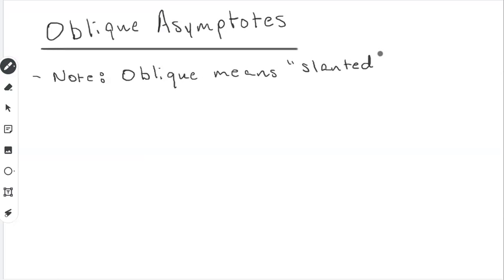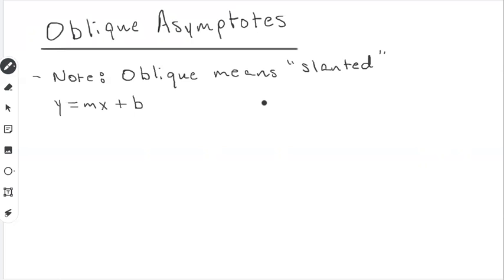So these are going to be lines of the form y equals mx plus b, where m is the slope and b is the y-intercept. So going back to Algebra 1, we know that if we want to write something in slope-intercept form, we have to have y equals mx plus b, right? We all know that.